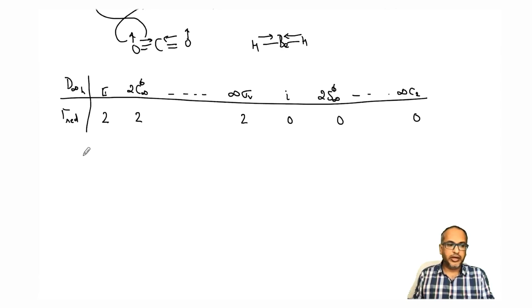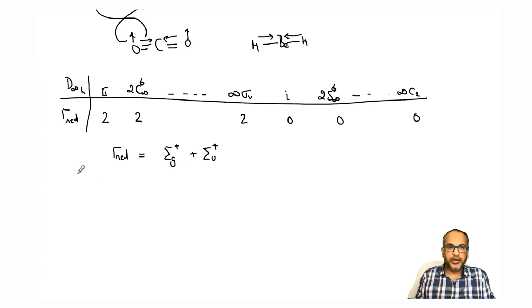Now this Γ reducible, by inspection, reduces to Σg+ plus Σu+. This also we have seen in the last lecture. Now either you can apply the projection operator, or you can again do it by inspection. In this particular case it is difficult to apply, but you can still do that.